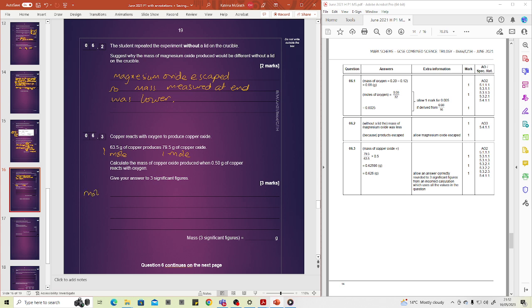So moles of copper equals 0.50 over 63.5, and so moles of copper oxide equals moles of copper. Okay, but there is a much quicker method to do this, and I expect you can see already that we're just going to take a ratio of these.